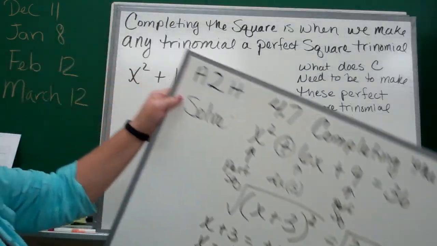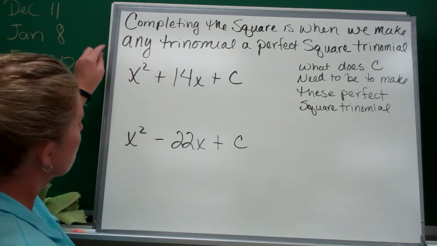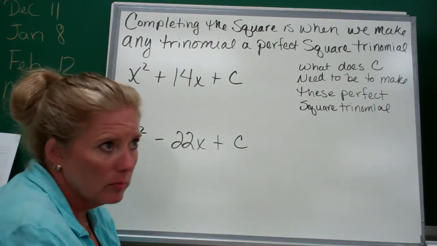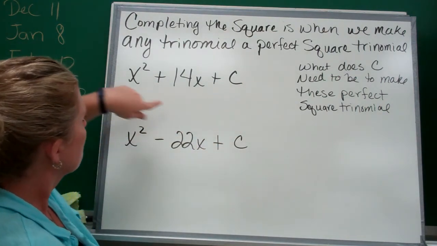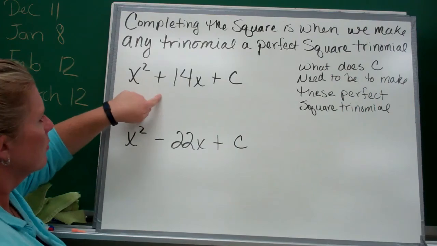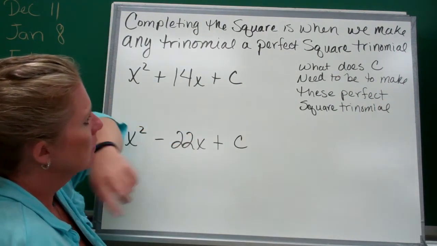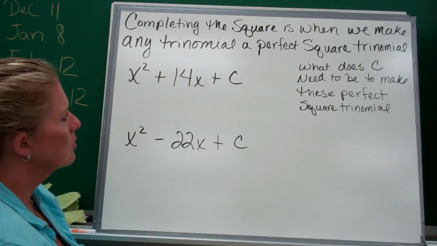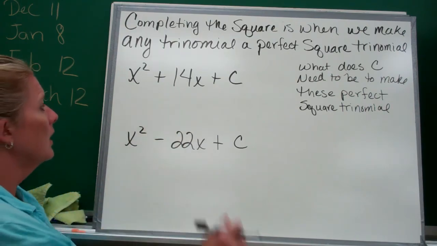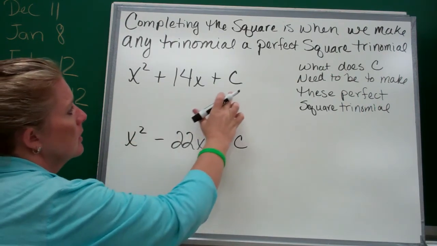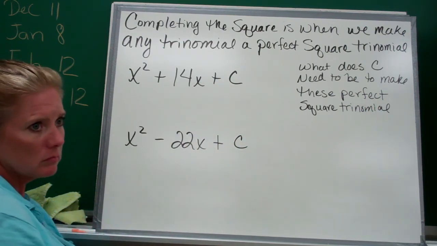All right, completing the square. This is where we can make any trinomial a perfect square trinomial. Now we have to think about, what do we need? Here's a trinomial, x squared plus 14x plus c. What does c need to be to make this a perfect square trinomial? Well, remember, the middle term is the square root of this times the square root of this times 2.